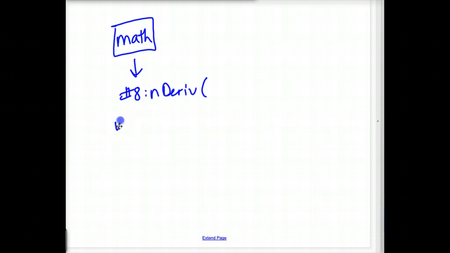So what we're going to do is push your y equals button, and go to y1. Clear out anything you might have in there. And then choose Math. So on your y1, after the equals, you push Math and go down to number 8 and hit enter for nDeriv. And then we want to do the derivative of the function we just had on the previous screen.